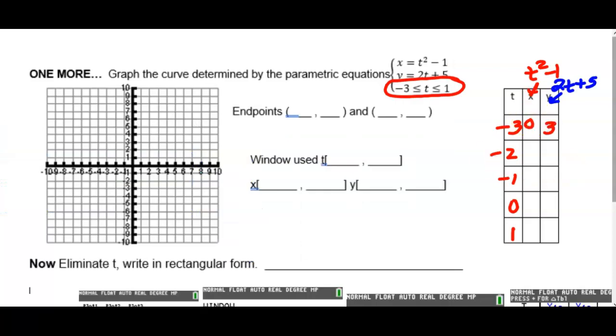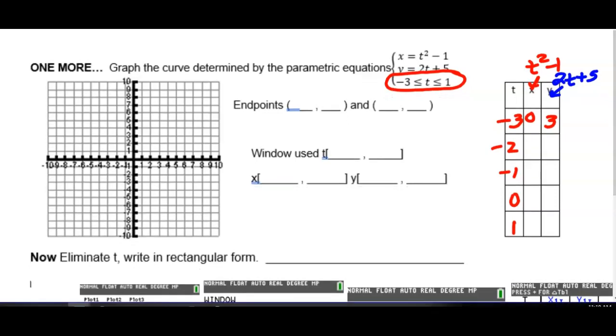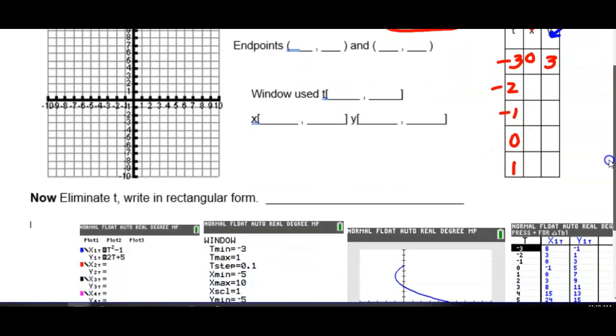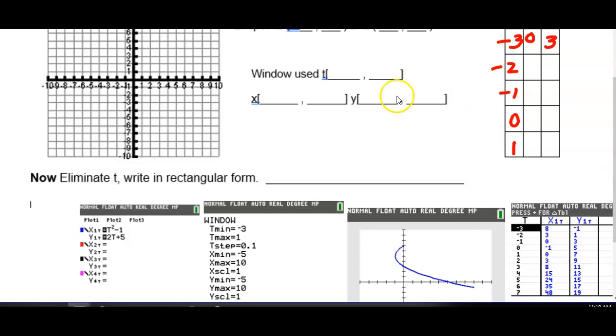And I actually have them down here. All right, I had, oh, I don't know what I just started to write down there. Did I do it backwards?